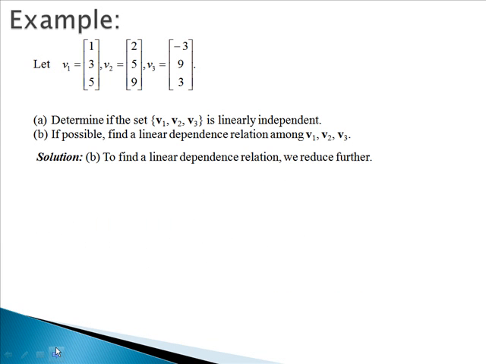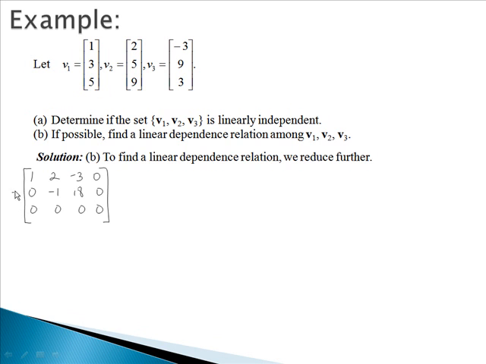So since they're dependent, we can find a linear dependence relation among our vectors, and so we want to continue on. So I'm going to write the matrix that I stopped with when I had a row of all zeros, and we're going to continue in our row reduction.